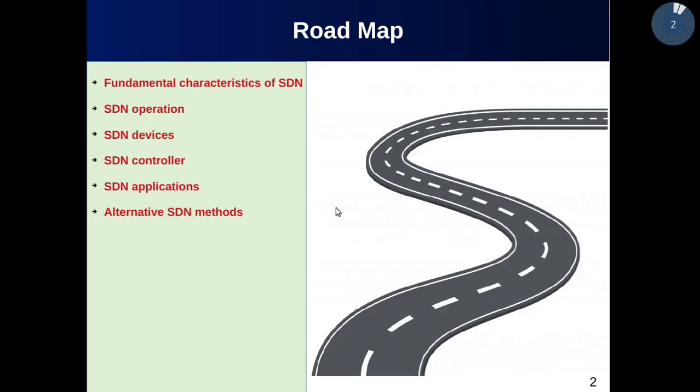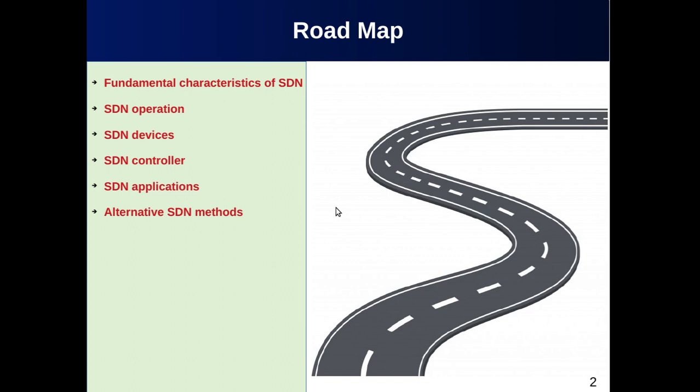We are going to start this lecture with the fundamental characteristics of SDN. There are going to be 5 characteristics, and they are quite familiar to us now. For example, the characteristics that we are going to explore in a moment are plane separation, a simplified device vision, a centralized control, network automation and virtualization, and openness.